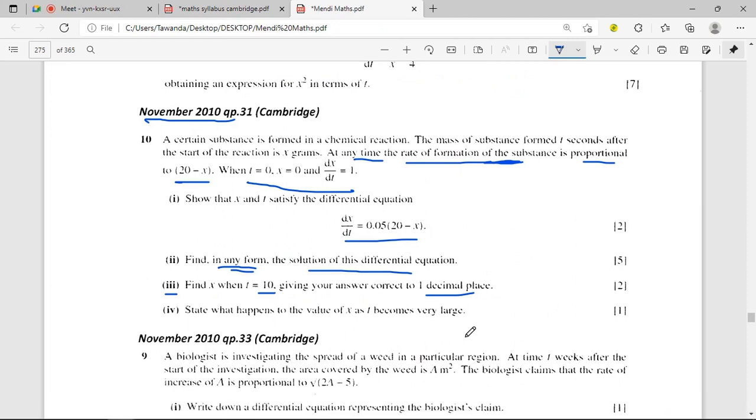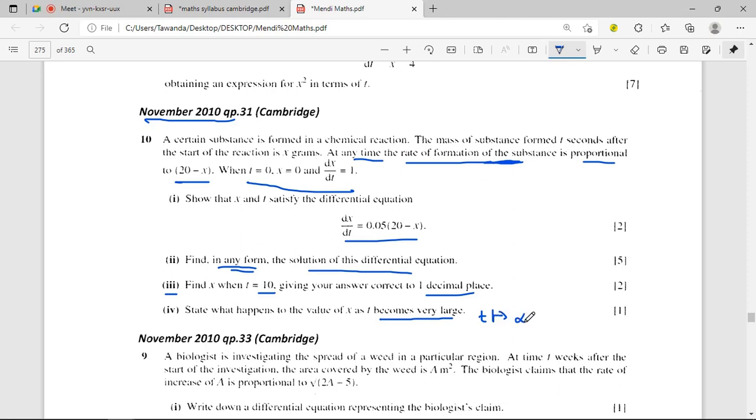Next, state what happens to x as t becomes very large. The one that I was saying. You see, this one. State what happens to x as t becomes very large. And I said, when t becomes very large, it's being referred to as what? Raised to infinity, right?